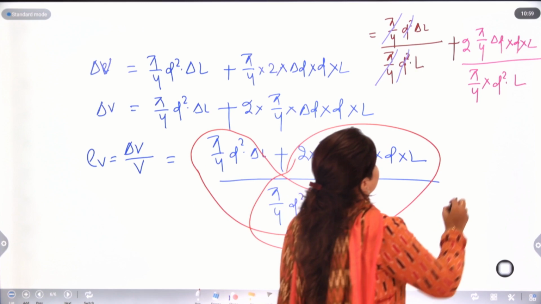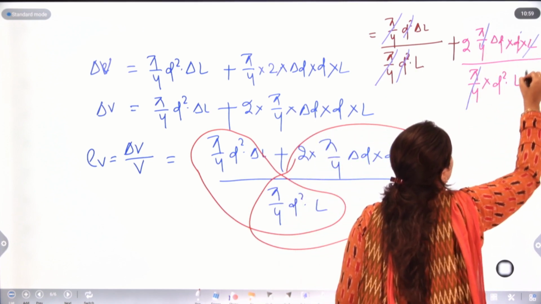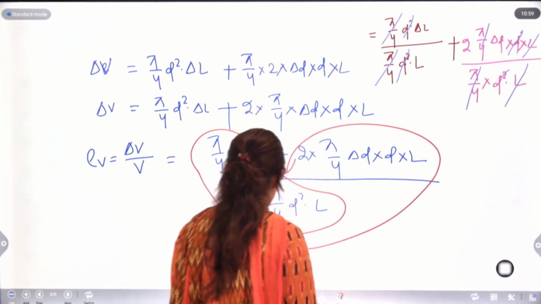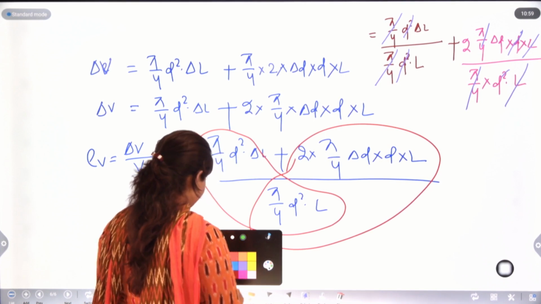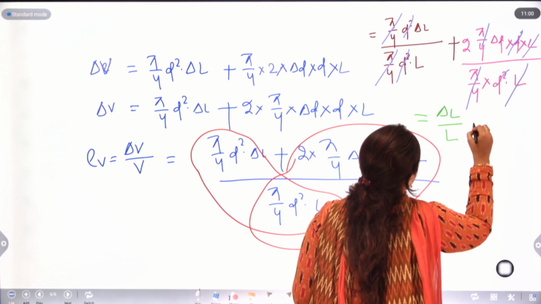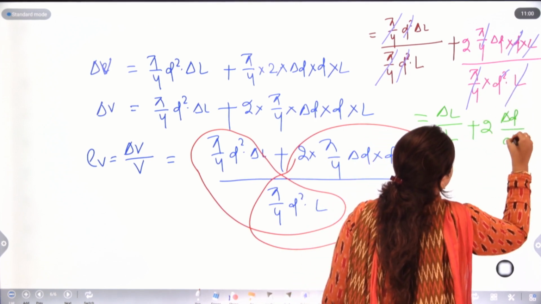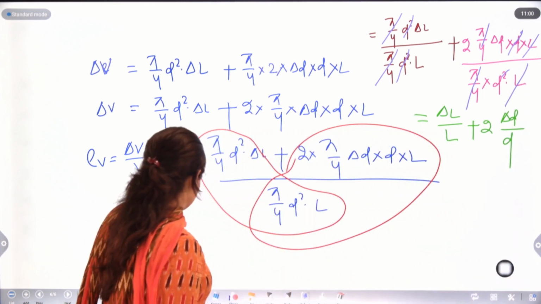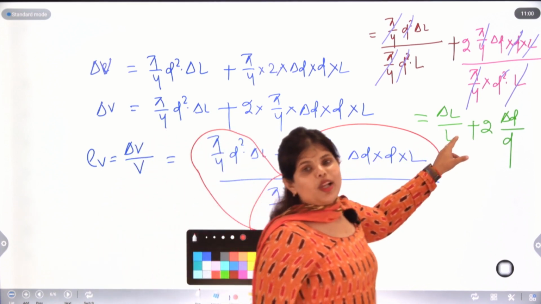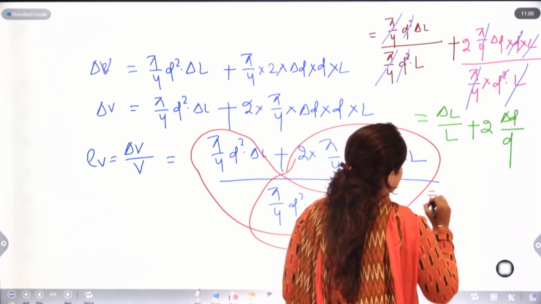Here, pi by 4 with pi by 4, L with L, D with this D. So what we are left with is del L upon L plus 2 into del D upon D. Here we have our longitudinal strain and here circumferential strain, right?